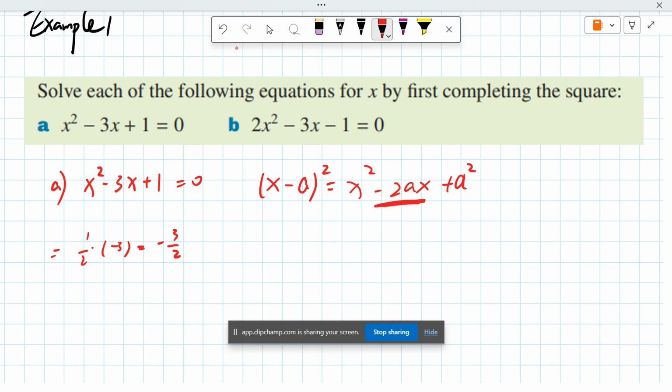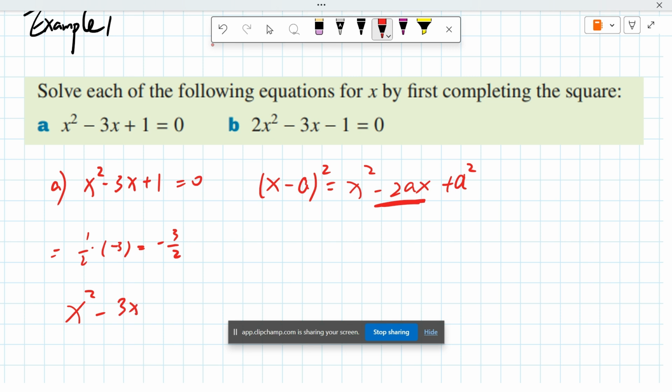So what we do is we're using x squared minus 3x, right?